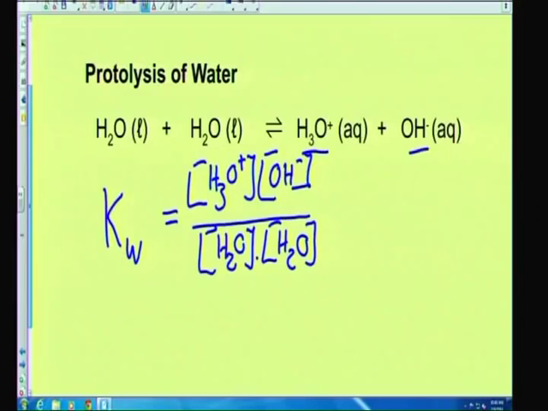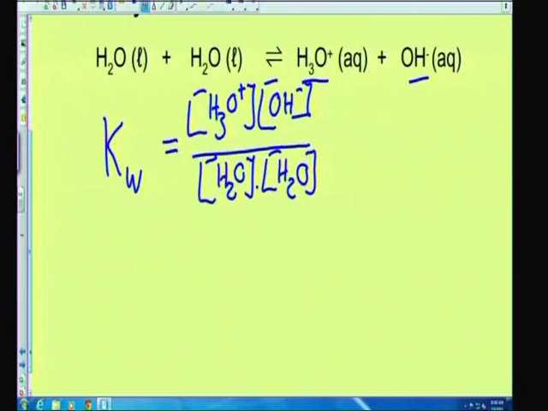When we did chemical equilibrium, we took very careful note that we don't need to include the liquids or the solids because their concentration doesn't change. So I can simplify this equilibrium expression because the concentration of the water is going to be a constant. It's not going to change.